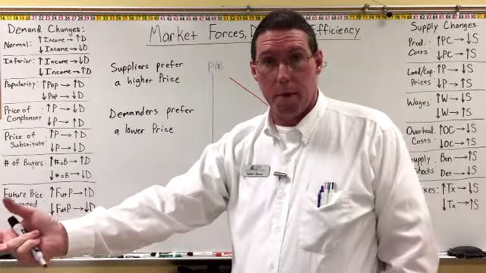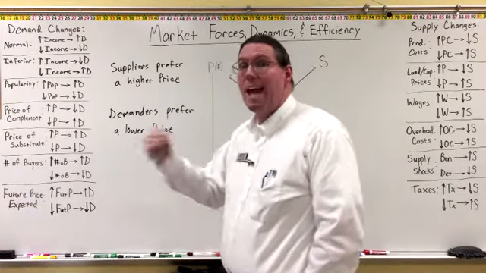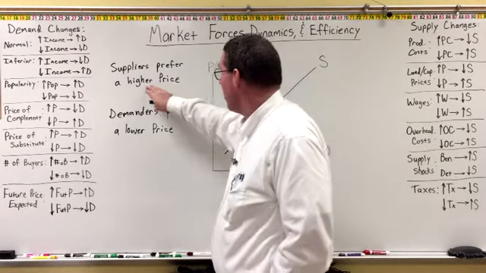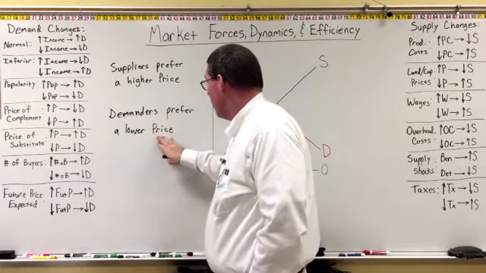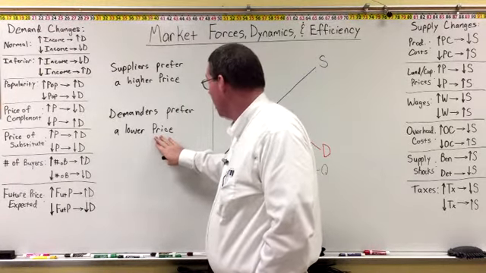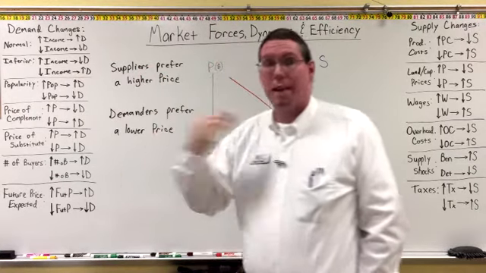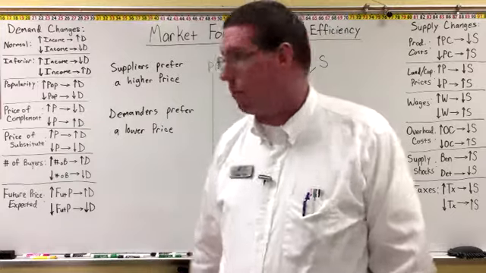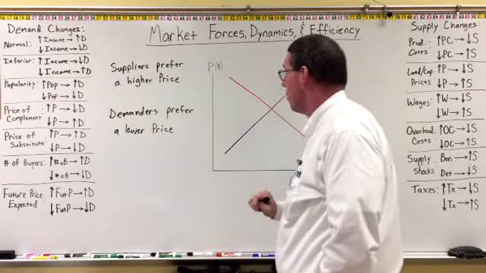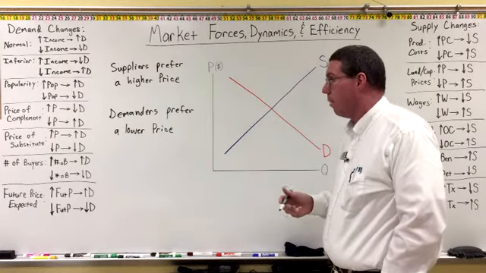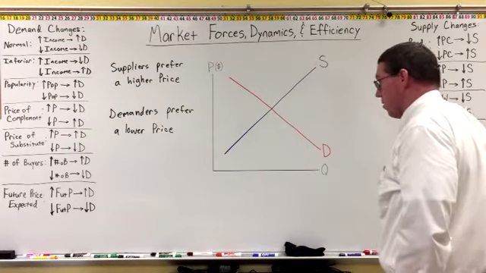If they're going to give it up, they would like to be getting something better, and that's why they want a higher price. So demanders prefer a lower price because money is what they're giving up, and suppliers prefer a higher price because money is what they're getting when they give up something else. If you understand this idea, then it's going to be really easy to understand market forces.